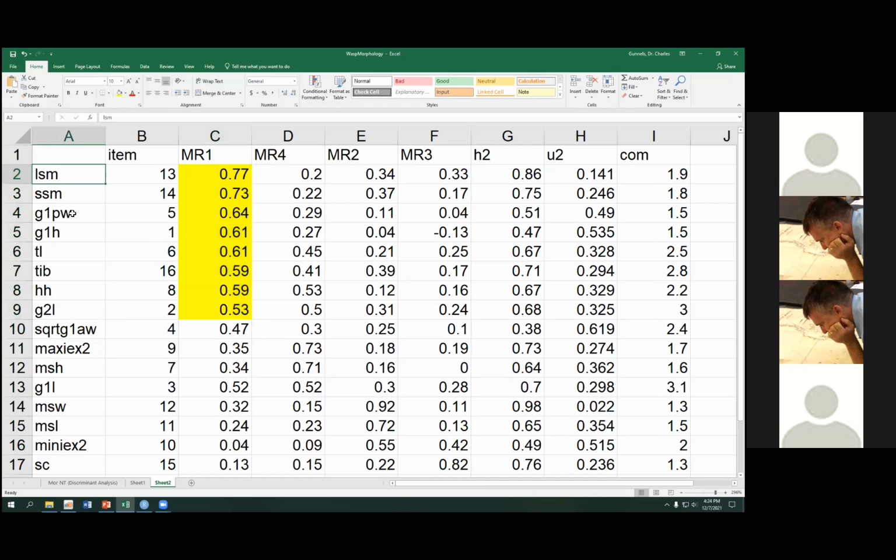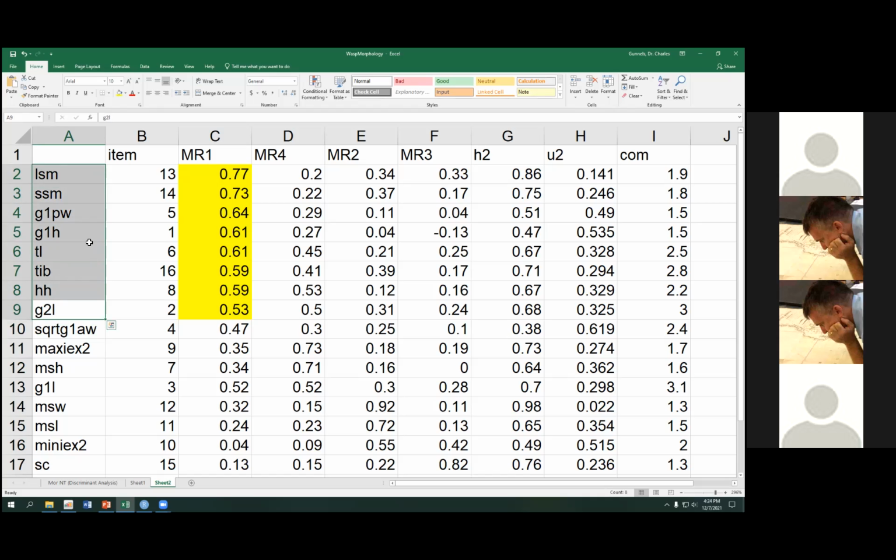So an increase in LSM is associated with a larger SSM, which is associated with a larger G1PW and a larger G1H. A small measurement in G2L is associated with a small measurement in HH, associated with a small measurement in tibia, so that a large measure in any one of these is associated with a large measurement in all of them. A small measurement in any one of these is associated with a small measurement in all of them. So far, so good.